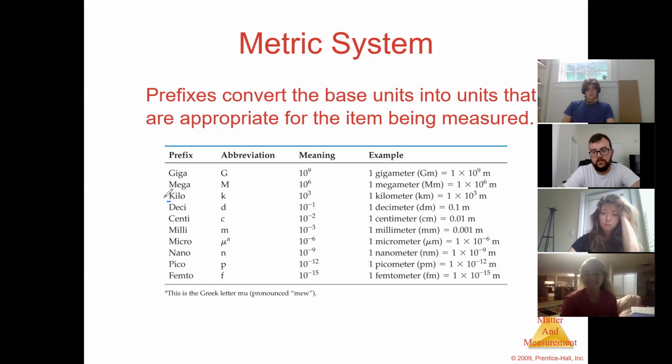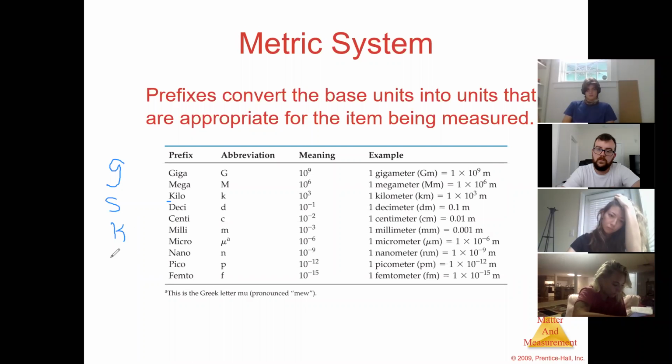So you can have a couple different things for your base unit depending on what you're talking about. Some examples of base units would be gram, second, Kelvin, we don't really use a whole lot, liter, meter. All those things that we were talking about prior can be a base unit.